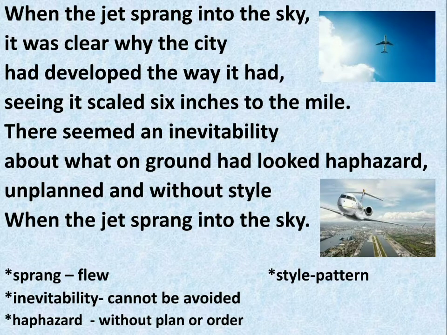So when you are on this earth, you can see only that particular area, that particular part. When you move to a certain altitude, then only you will be able to have a clear view of all the things. And then, when the jet sprang into the sky. Here again the poet repeats the first line, that is, when the jet sprang into the sky.